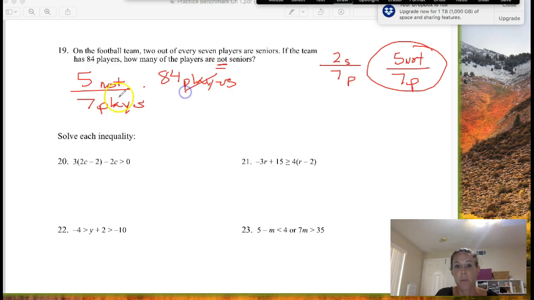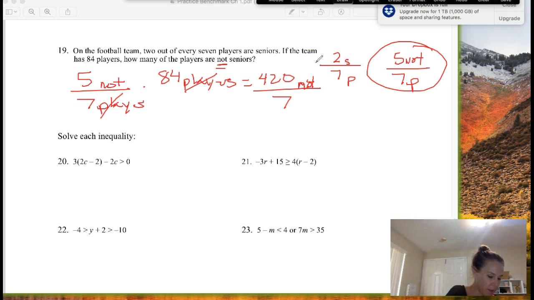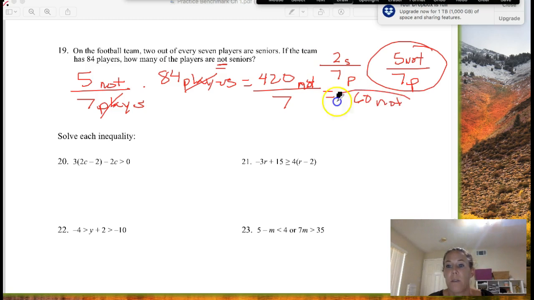The players fall out, and we're going to go 5 not seniors times 84, so multiply the top, 84 times 5, and that's going to be 420. 420 over 7, and that will be the nots. So we're going to go 420 divided by 7, and you're going to end up with 60 not seniors out of 84 players.